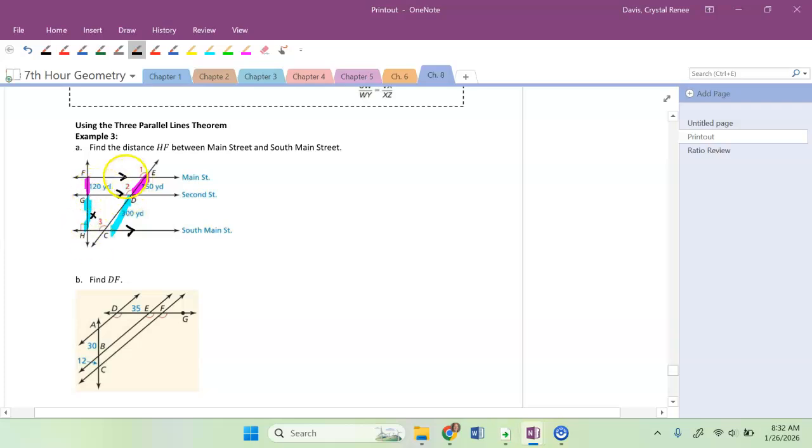So I can set a proportion. Because all three of these are parallel, I can set a proportion that 120 is to 150 as x is to 300. Okay, then I cross multiply. So 150x equals 120 over 300 times 300.